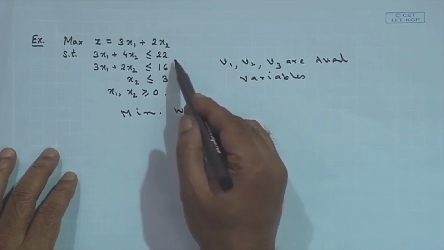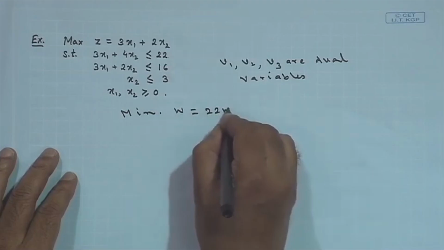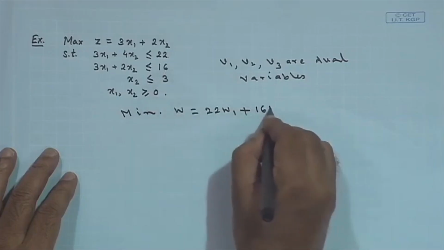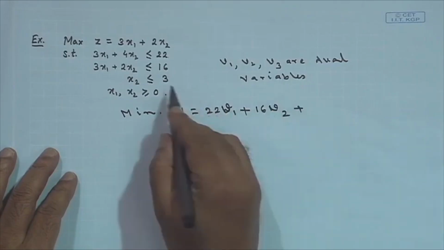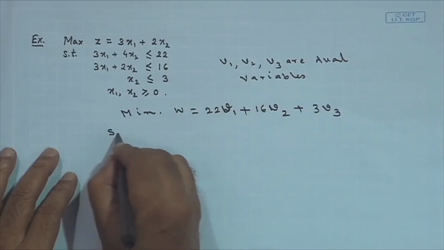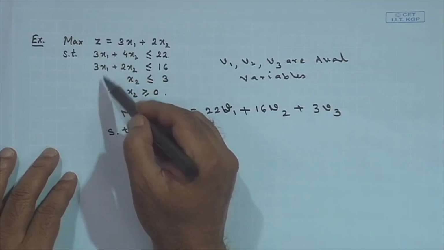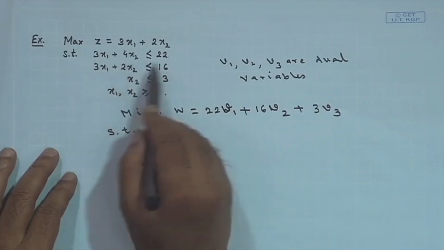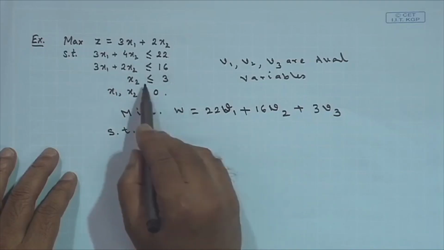what will be the objective function? The objective function is 22 V1 plus 16 V2 plus 3 V3, using the B values, subject to, I have to take these rows: the first constraint corresponds to the variable V1, the second constraint corresponds to V2 and the third constraint corresponds to V3.